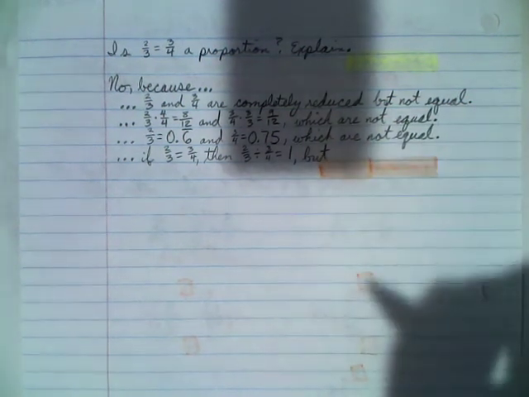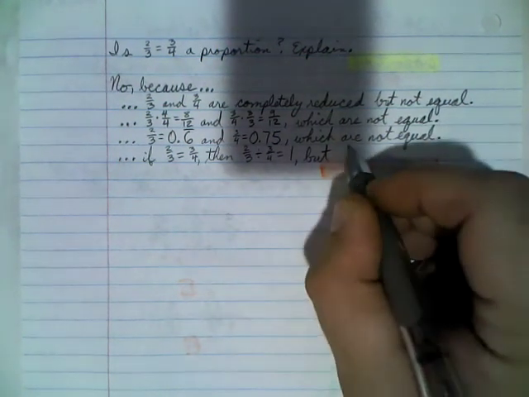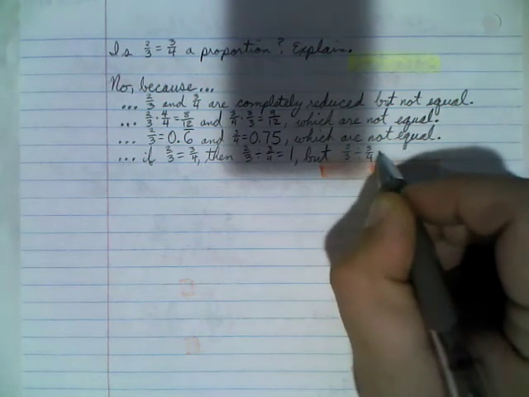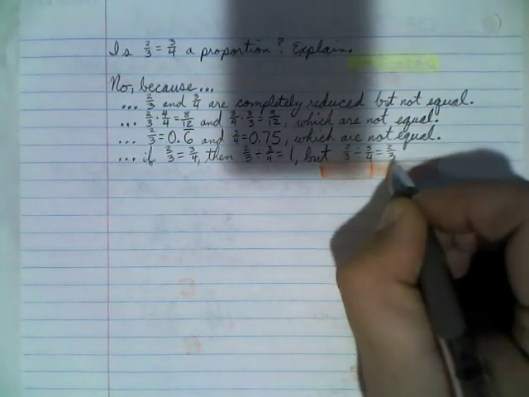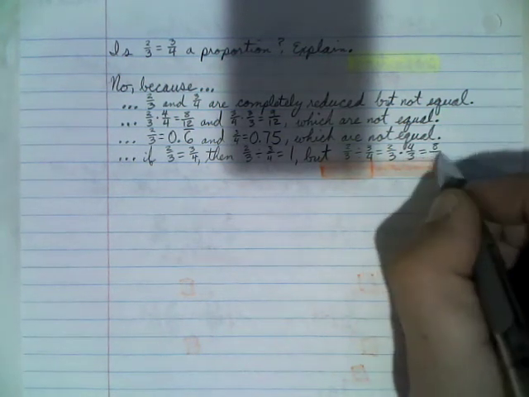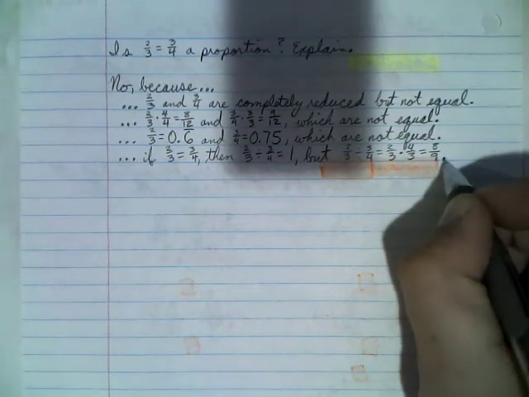But does it? Well, let's do it. 2/3 divided by 3/4 equals 2/3 times the reciprocal. Then 2 times 4 is 8, 3 times 3 is 9. It does not equal 1. It equals 8/9. And again, there could be other answers there, but that's just a sample.